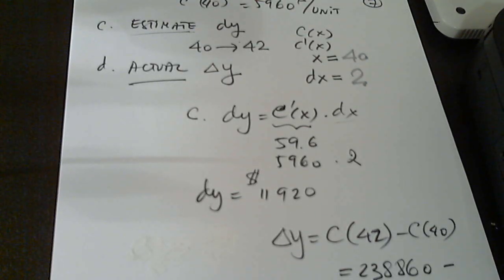Okay, so when I subtract 238860 minus 22680, I get 12060.